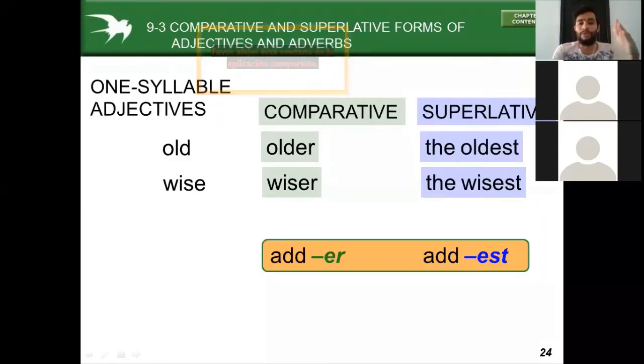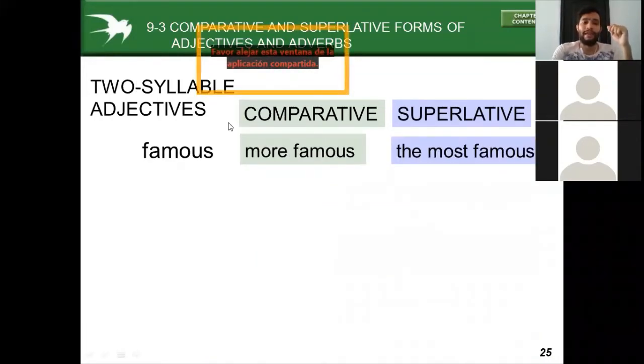So for this kind of adjectives, we use -er, and -est in case of the superlatives. Now, those adjectives that have 2 syllables, like for example, famous, 2 syllables. So we say, for the comparative, more famous, and for the superlative, the most famous, right? Here we use "the most," and here we use "more."